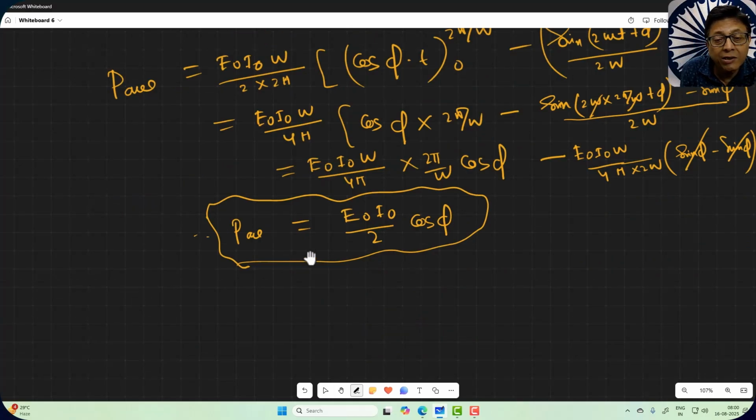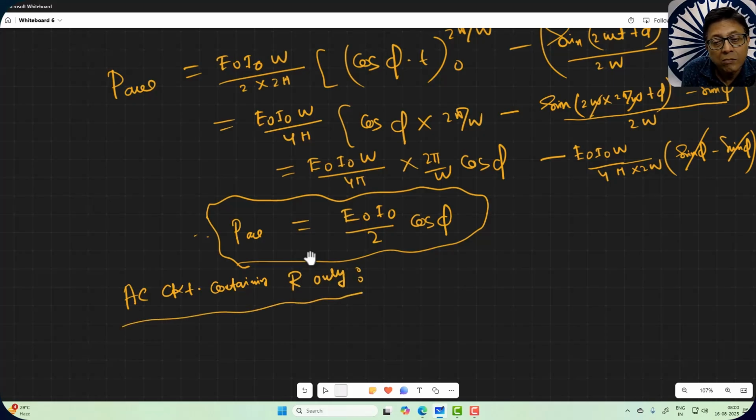Now we'll find power of AC circuit containing R only, resistance only.